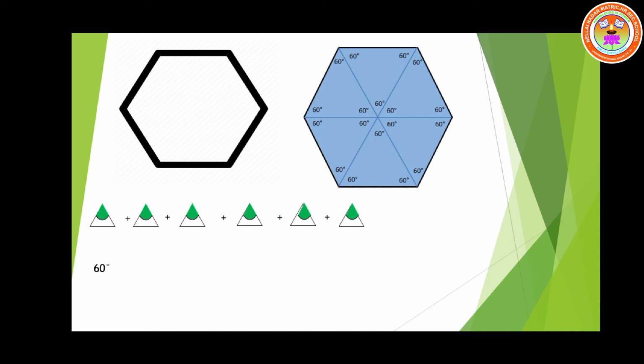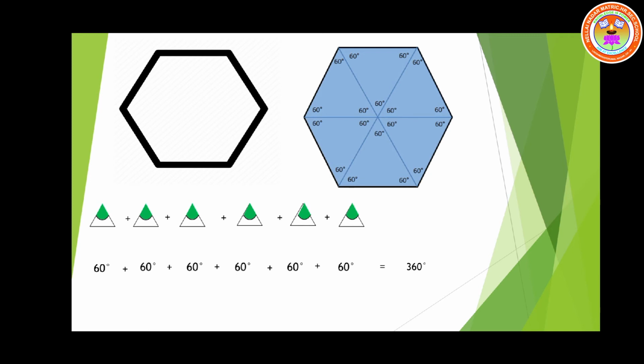So 60 plus 60 plus 60 plus 60 plus 60 plus 60 is equal to how much? 360 degrees. So when I add all the 6 angles at the center, how much am I getting? 360 degrees. So the angle at the center of a regular hexagon is 360 degrees.